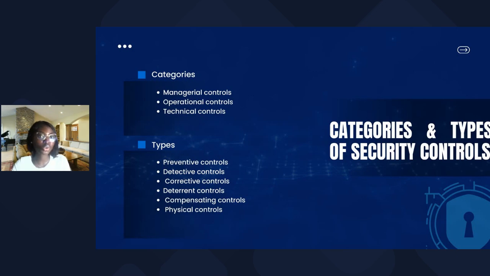So don't forget that categories are the broader categorizing of security controls, and types are the more granular categorization, in terms of what the organization needs to ensure their security is up to date. Under types, we have preventive, detective, corrective, deterrent, compensating, and physical.